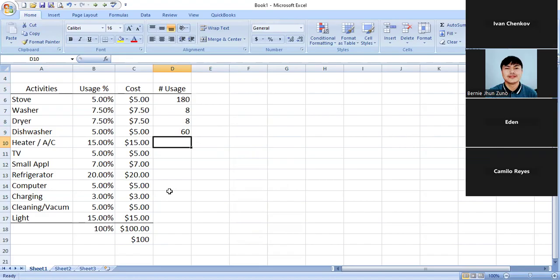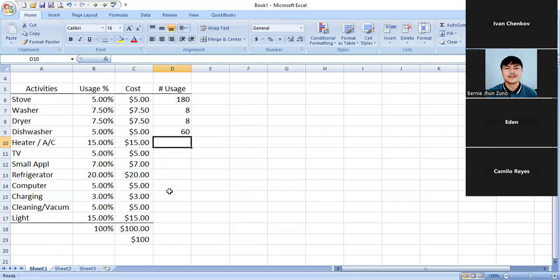Heater and AC. Now this will be per hour, right? How many hours are you using the heater? Only when you're at home, right? And the same thing with the air conditioning. So the question is, how many hours per day will that be? Let's put it at 5 hours per day. Let's make it simple.